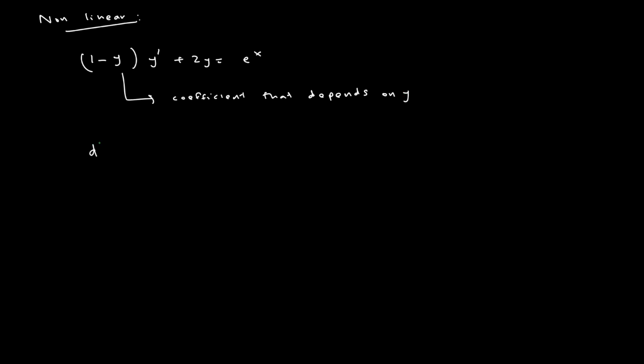Another one that's a bit more explicit is (dy) squared plus sine y is equal to 0. And clearly, this is a nonlinear function. So our diffeq is nonlinear. Okay, so hopefully that makes sense. And so those are the main properties of diffeqs. And so let's now talk about verifying a solution.